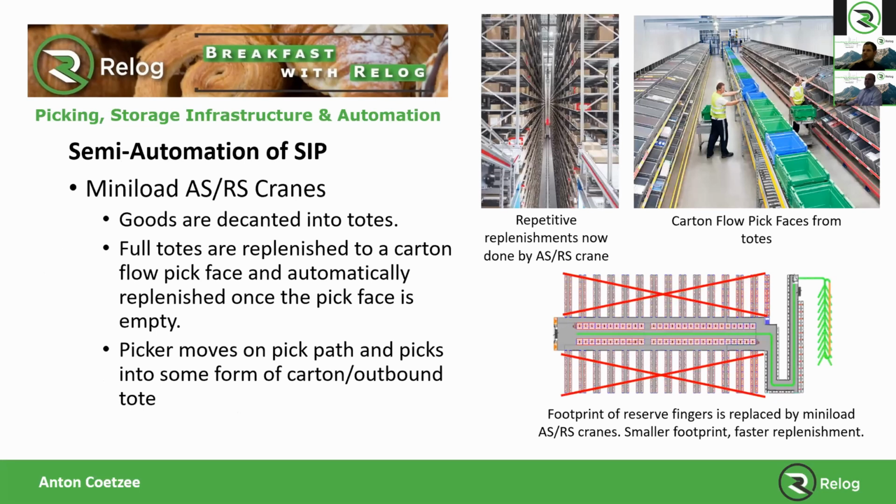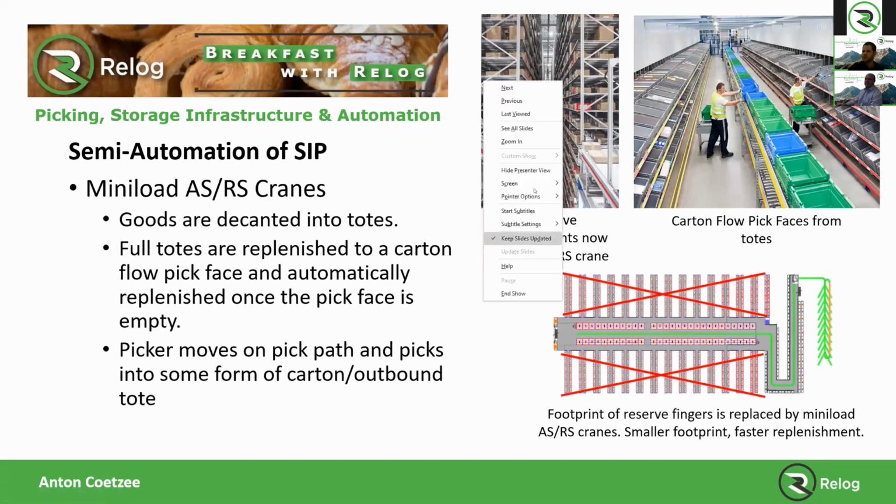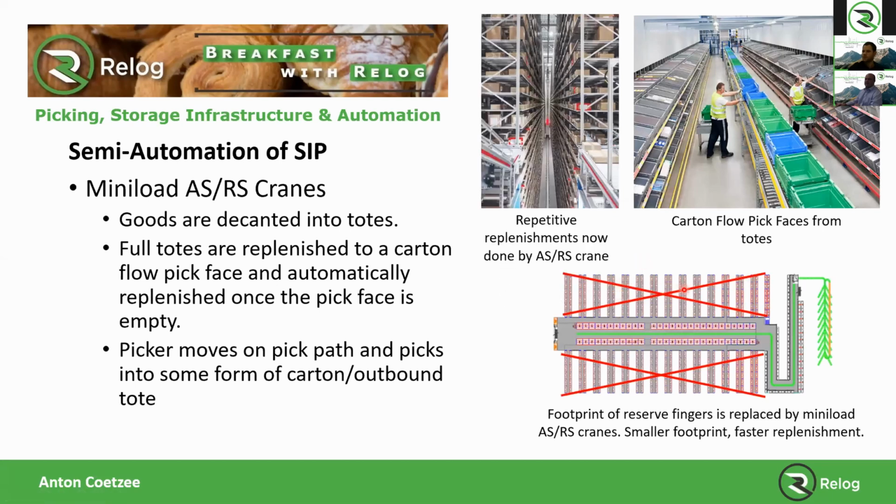In this specific example, you see, for example, a mini load crane. As opposed to the previous picture that I've shown of the small item picking, where on the right hand side you can see what we call the fingers, in terms of replenishing the carton flow pick faces on the mezzanine aisles, we were able to take away the footprint of all those reserves, and we have implemented a mini load system where goods are decanted into totes, and a mini load crane or ASRS crane is responsible for the replenishment of decanted totes to and from these pick faces.